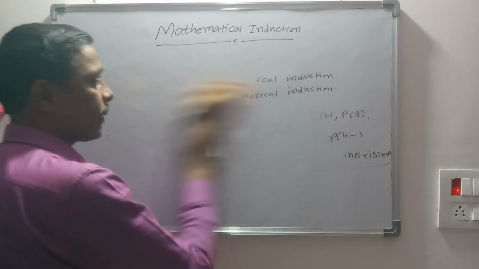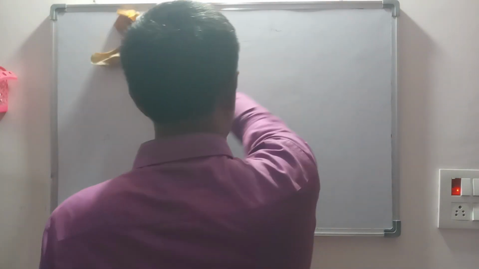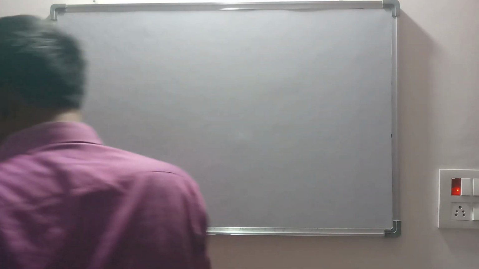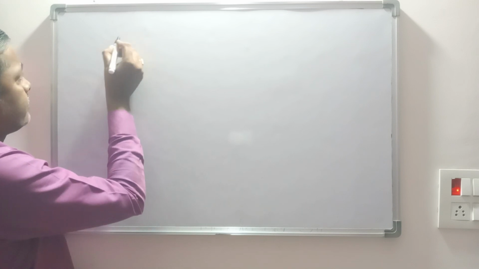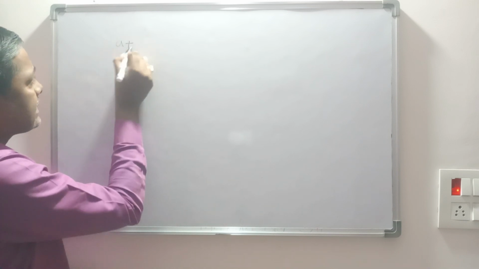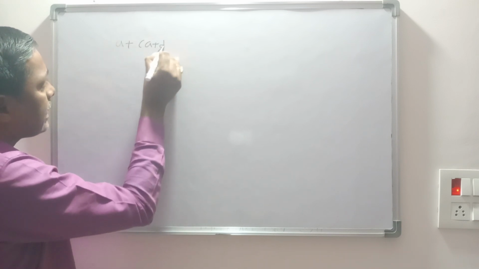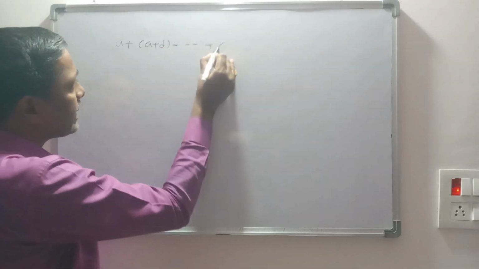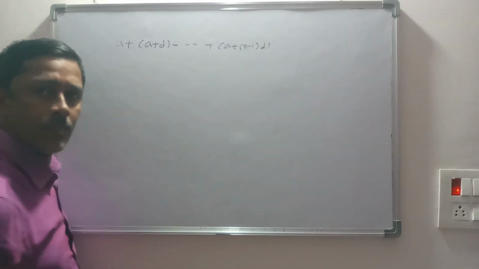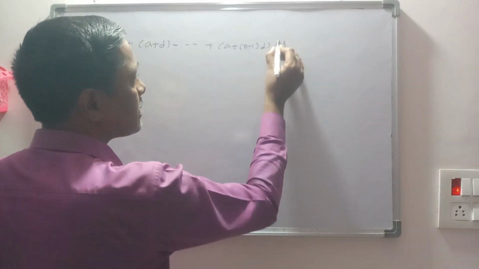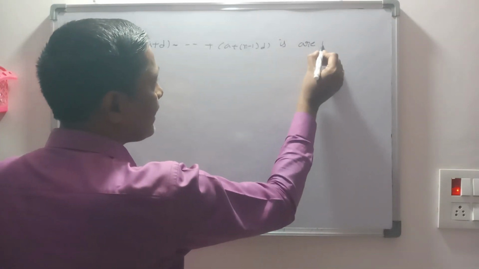What are the rules of mathematical induction? For example, in AP, a plus d plus so on, a plus (n minus 1) into d is called an AP.